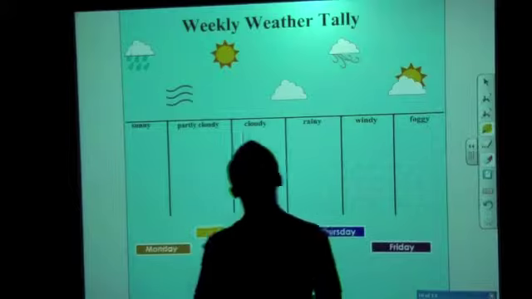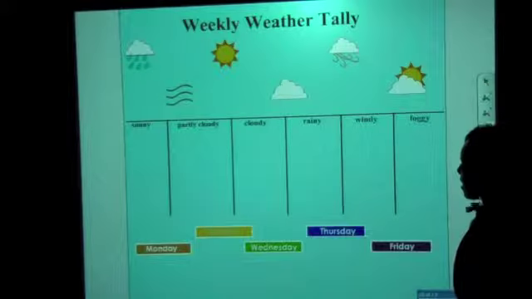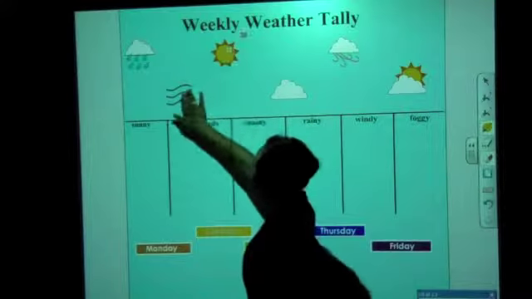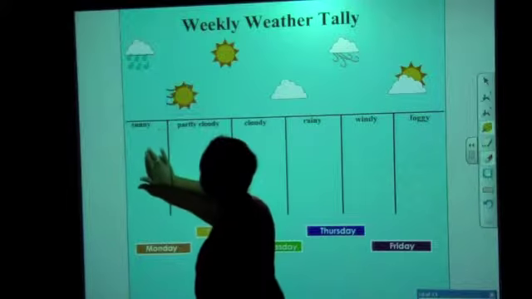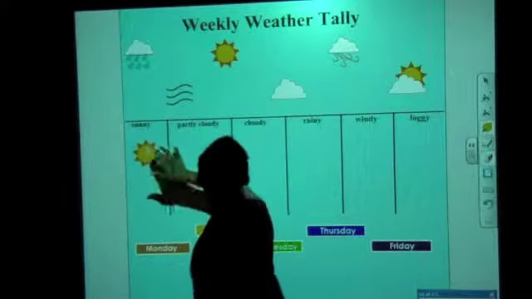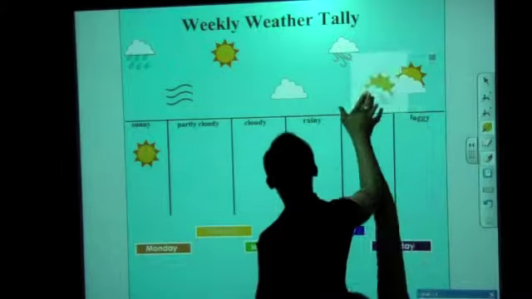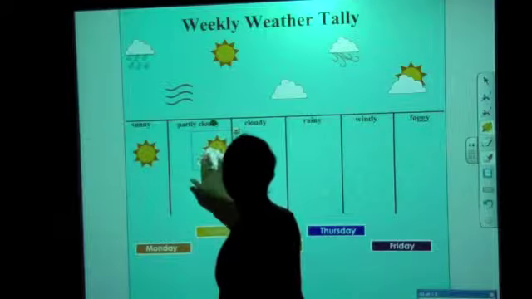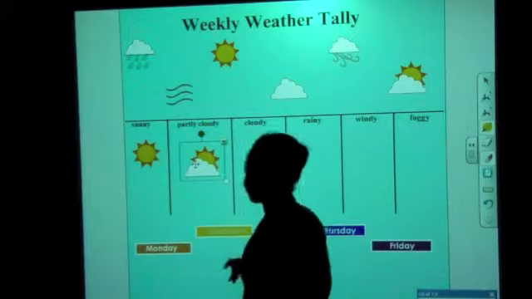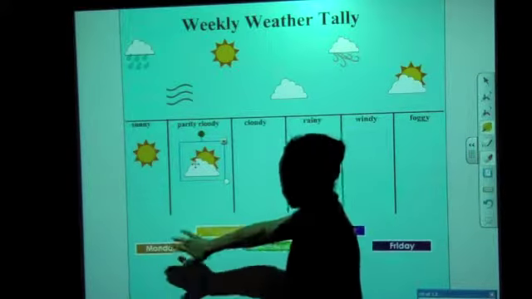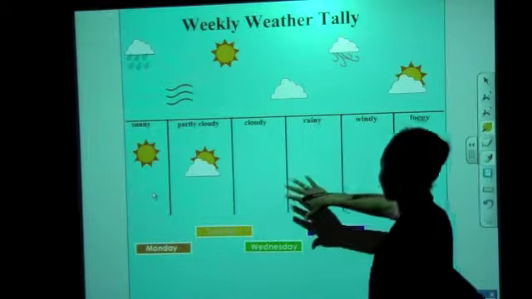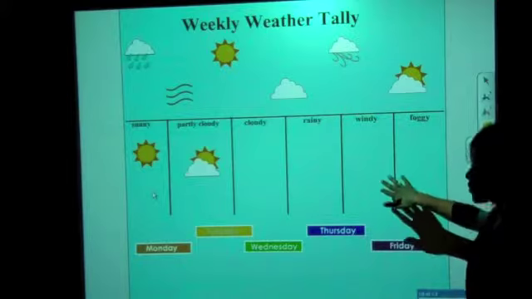This slide here is your weekly weather tally, and the students can come up and either identify whether it's sunny outside, is it partly cloudy, and they can also put the days of the week up there, what day it was sunny, what day it was cloudy, rainy, or windy.